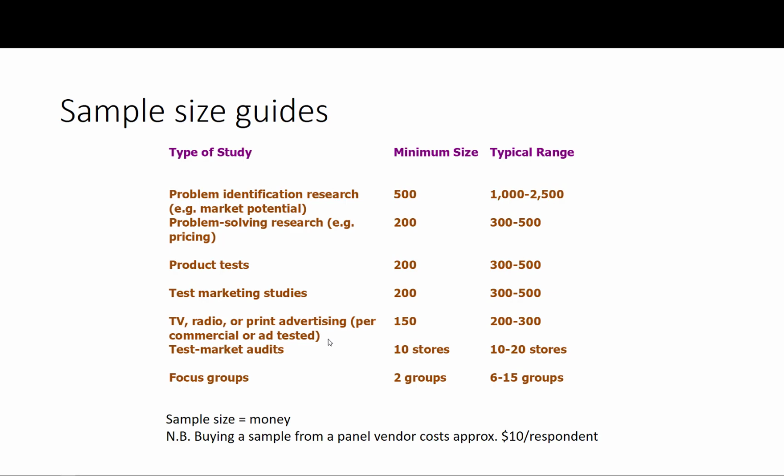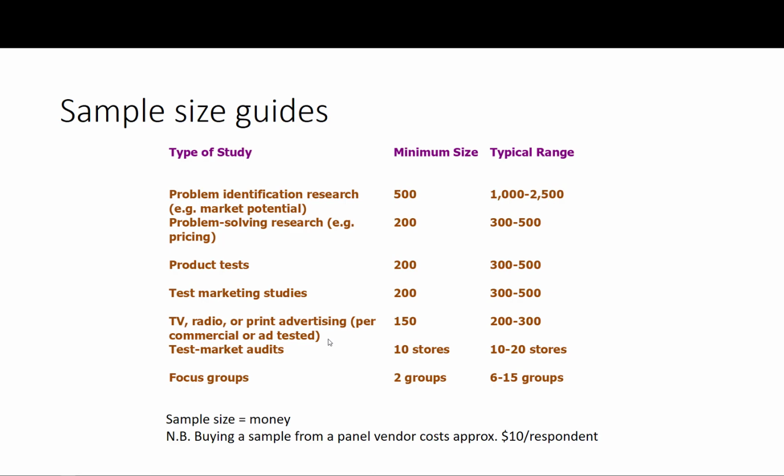So the way this works is that you will say to the panel vendor, I want a sample of these genders, of this age range, possibly some other characteristics, and I want a final sample of, say, 200, and in order to achieve 200, the panel vendor will send you a panel of, say, 500 possible respondents. So you would contact them, and if you don't get your minimum of 200, then it's up to the panel vendor to provide you with more respondents.